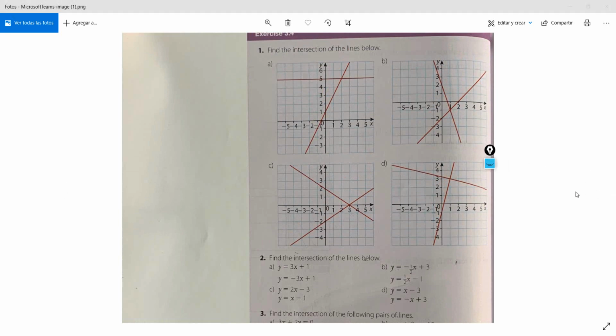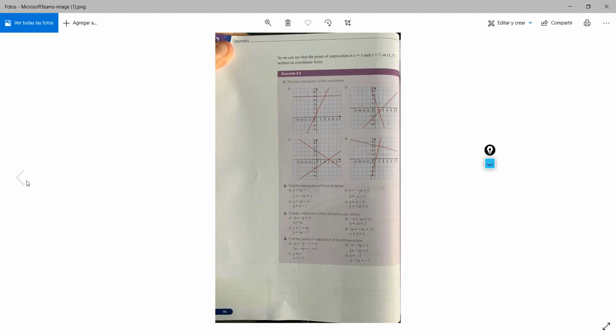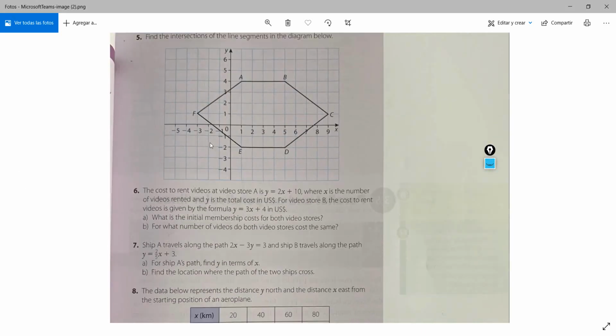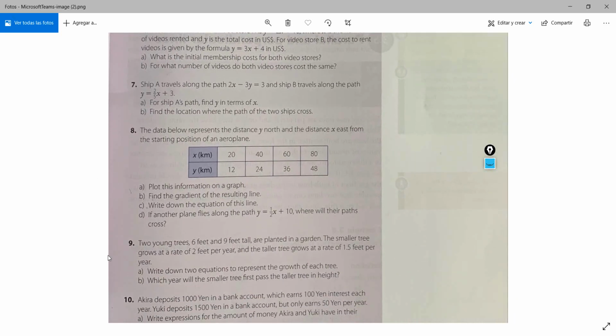Also, you can solve, don't do 5 yet, and you can also do 7 and 9. 7 and 9 are very similar to the application problems that we have solved. Basically, you're going to have a system of two equations with two variables, and you gotta get the solution. Just like the problem of the tickets in the fair, and the problem about bananas and apples that I told you about, and the ones that you worked on in the previous lesson.